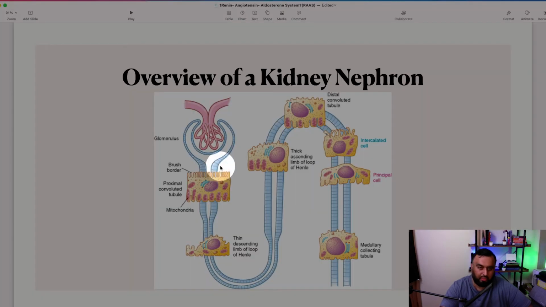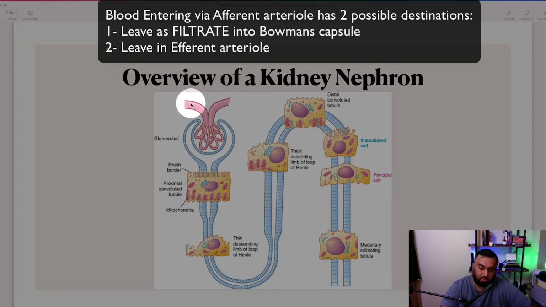You've got the glomerulus here. So you've got the afferent arteriole coming into a tightly condensed glomerulus, and then the efferent arteriole going out, and blood entering the nephron really has two destinations.